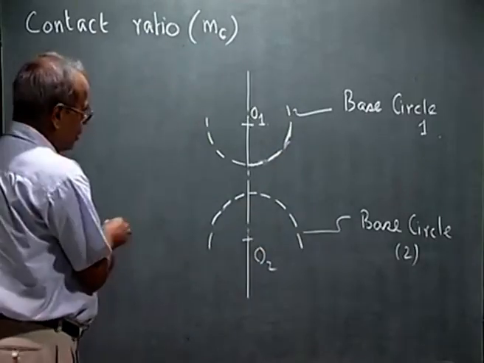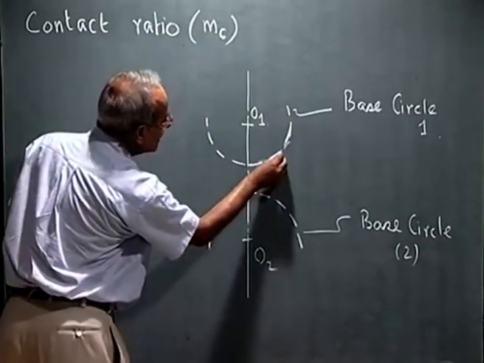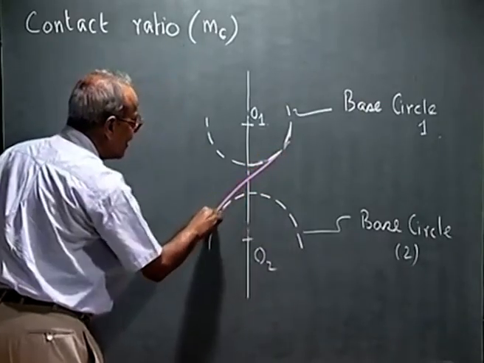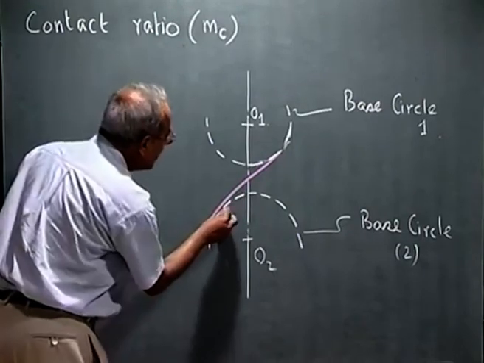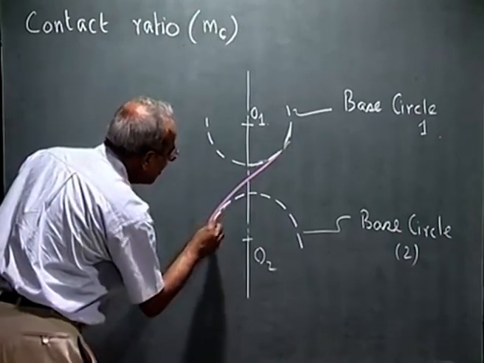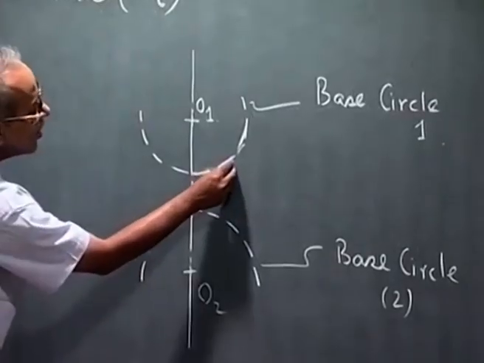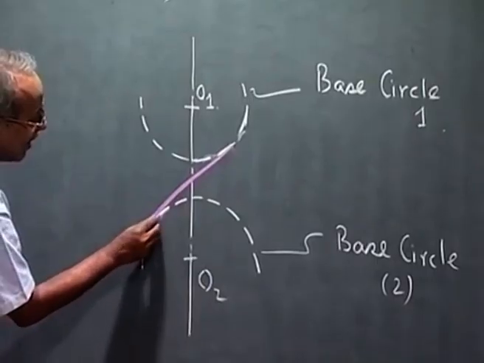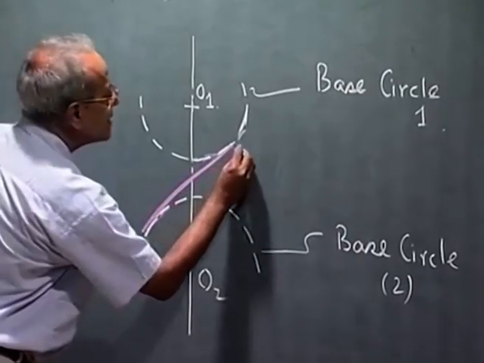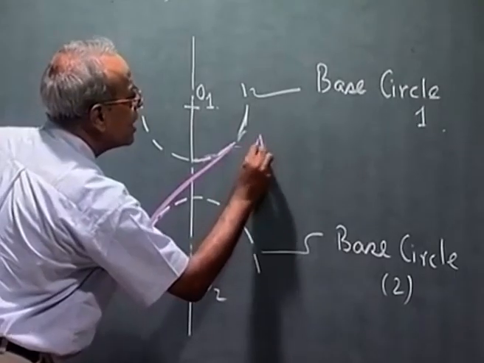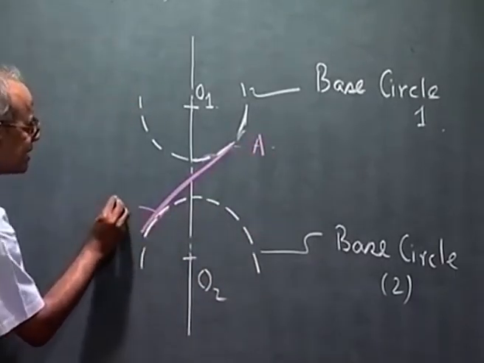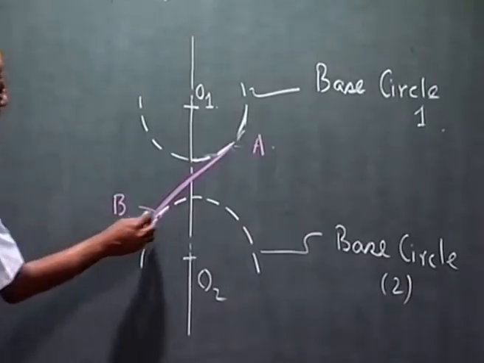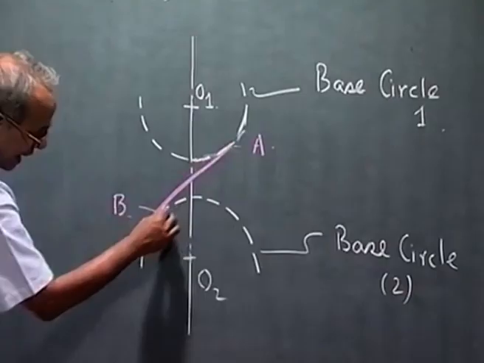If I draw the common tangent to this pair of base circles, that defines the line of action. This is A and this other point of tangency is B. So, we know the contact between a pair of gear teeth will always lie on this line AB.